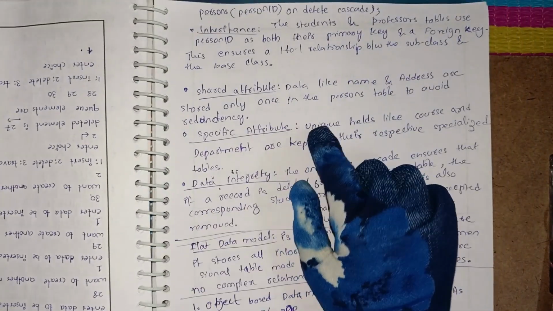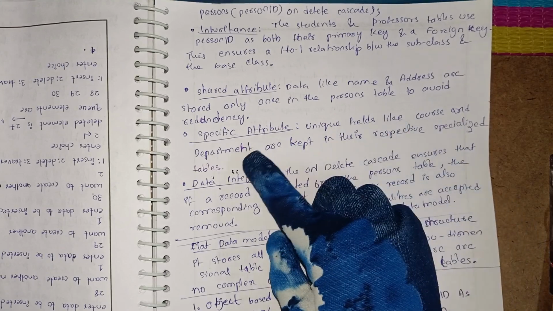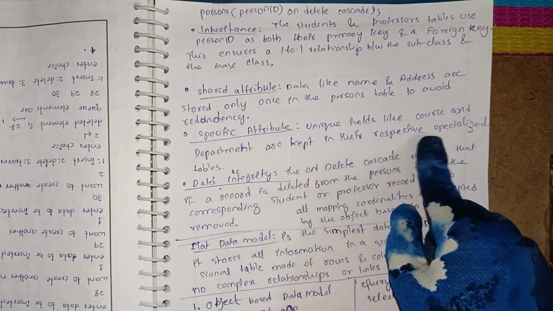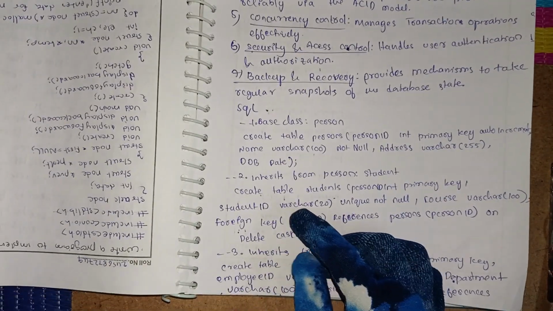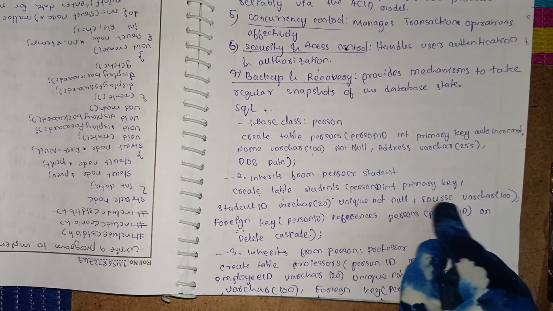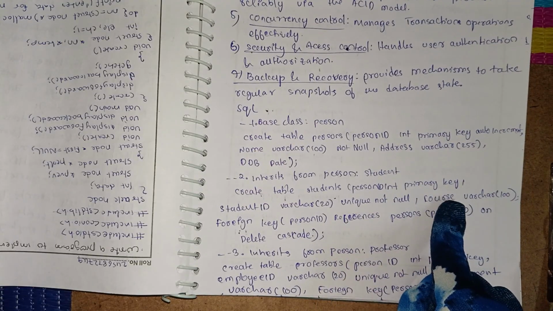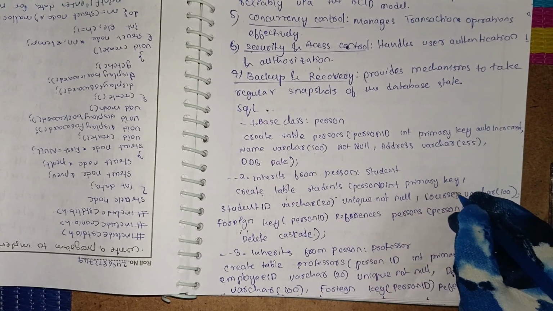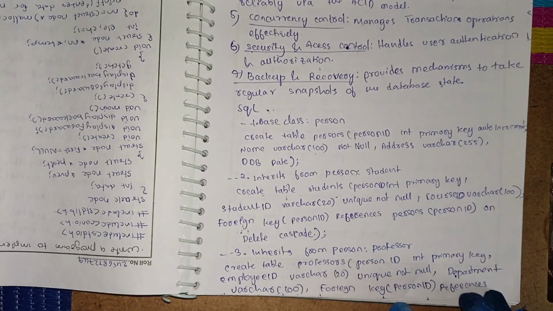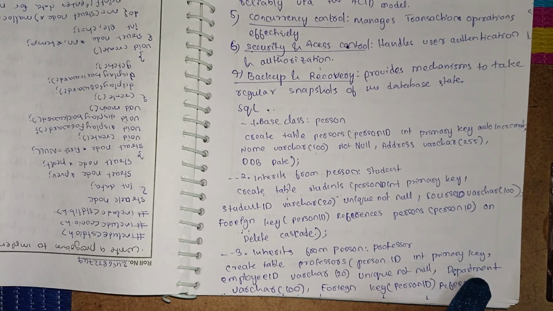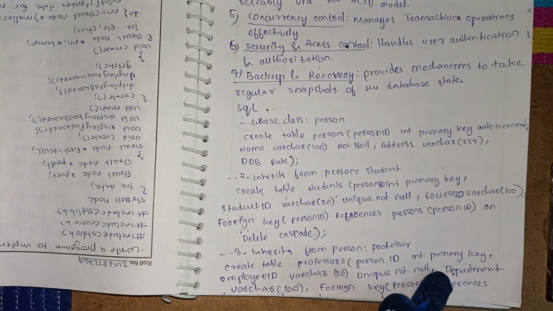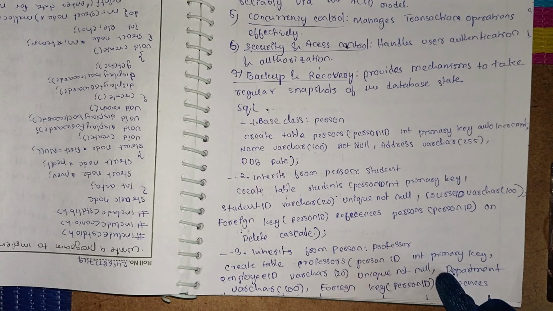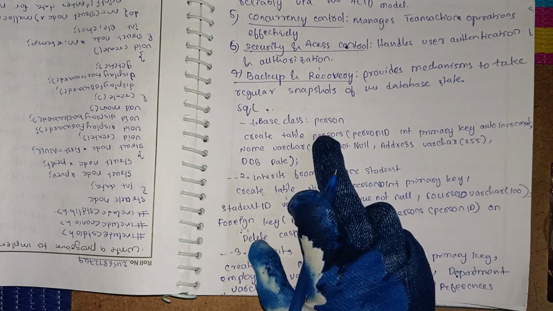And then specific attributes, unique fields like course id and departments, are kept in their respective specialized tables. Here in the student table, course id is there, and in the professor table department is there, and employee id are unique column names, which are not present in the persons table.